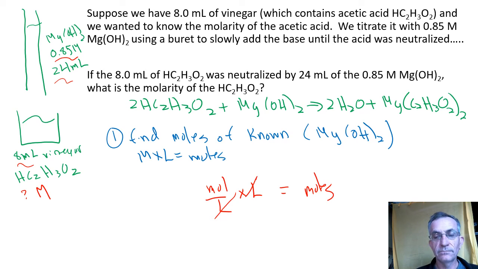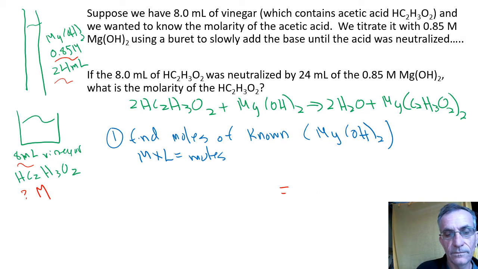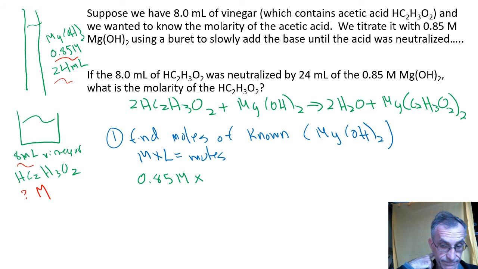All right, let's do it. The known is the magnesium hydroxide. Take its molarity, multiply it times how many liters you're using. Now, wait a minute. I told you the amount in milliliters.